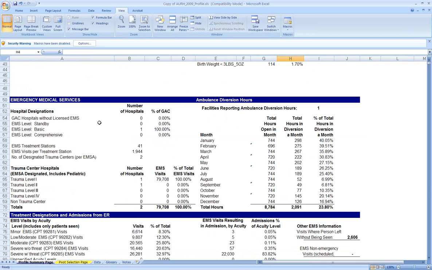Going down, you can see emergency medical services, and this is a sense for you of the number of EMS visits at the hospital, and it will also tell you the number of hours and the percentage of the time that this hospital was on diversion. And remember, diversion is when you're closed to ambulances.